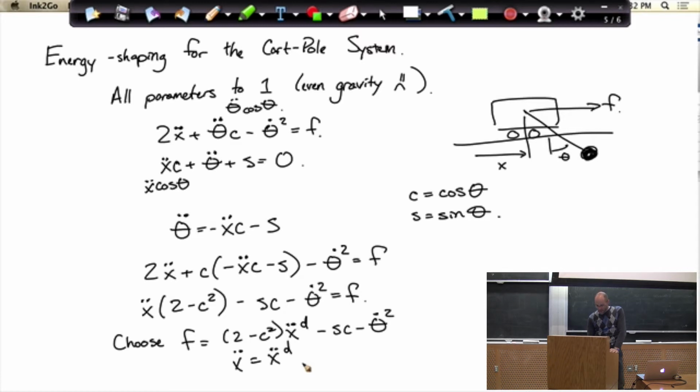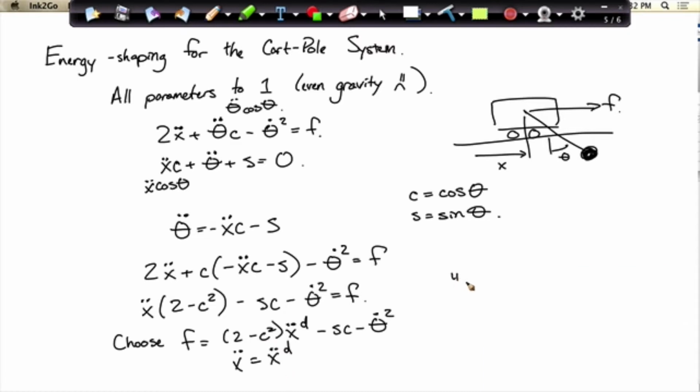Yeah. Now, what does this controller smell like? Feedback linearization, right? And it is, okay? But I haven't feedback linearized the entire dynamics, right? I just feedback linearized one of the variables, right? So this is an example of something called partial feedback linearization.